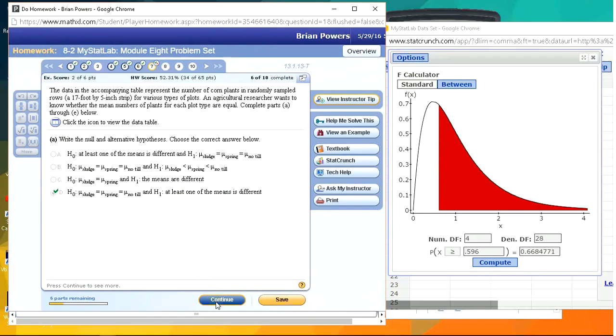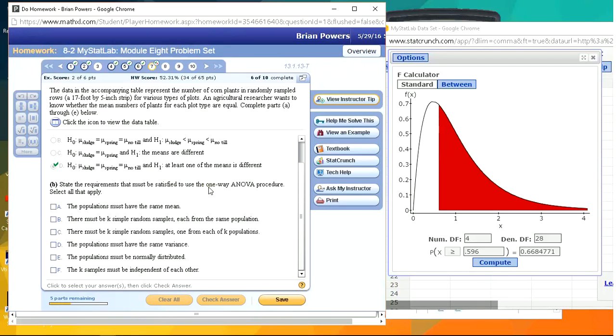Okay. So in order for us to use a one-way ANOVA procedure, we have some theoretical requirements that need to be satisfied. For one thing, we have 3 different populations. We need to have a simple random sample from each of the 3 populations. There must be k simple random samples.